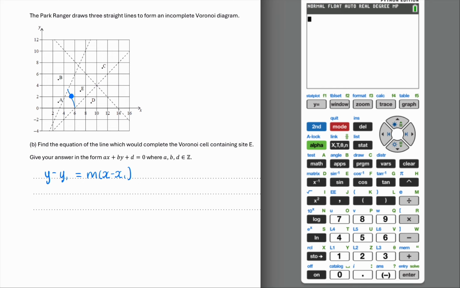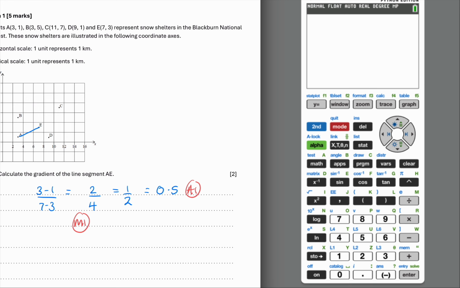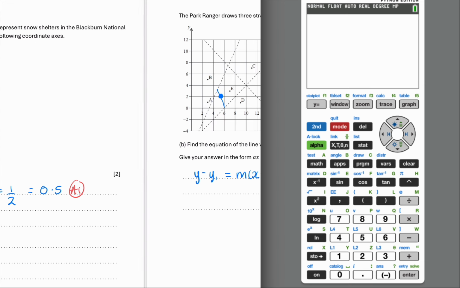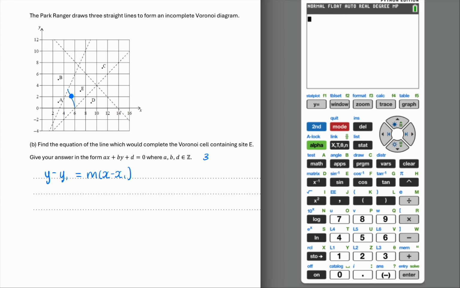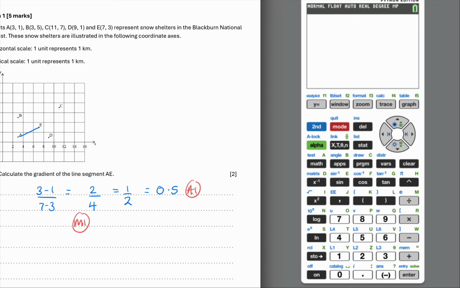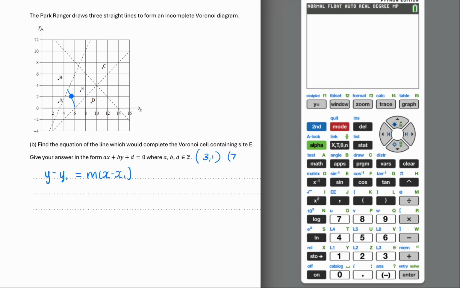So the midpoint of A and E would be, if we go back to our coordinates, A is 3, 1, and E is 7, 3. So the midpoint is 3 plus 7, the 2 x coordinates added together and divided by 2, and 1 plus 3, the 2 y coordinates added together and divided by 2.